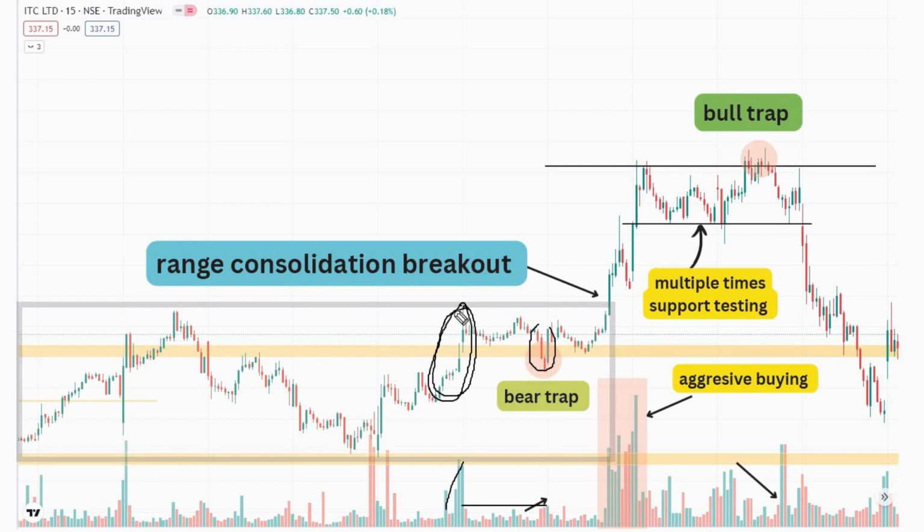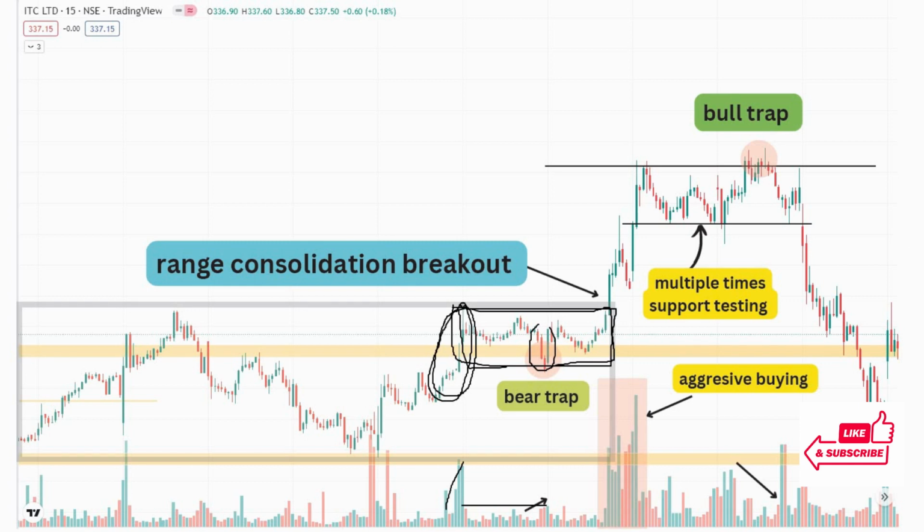And now there is another phenomenon that is happening. There is a range consolidation that is happening just below the resistance zone. So we can say that this is absorption of supply that is going on at the resistance zones.